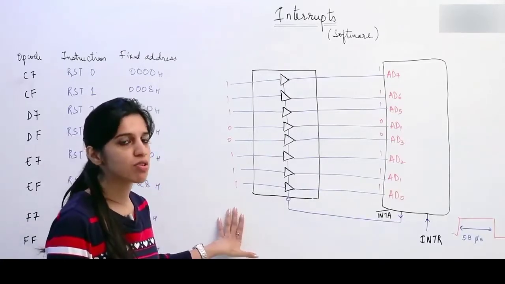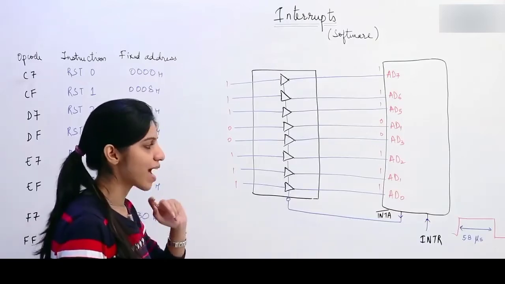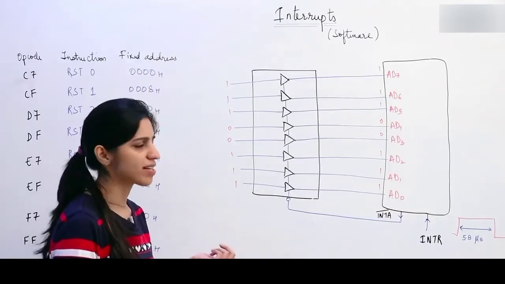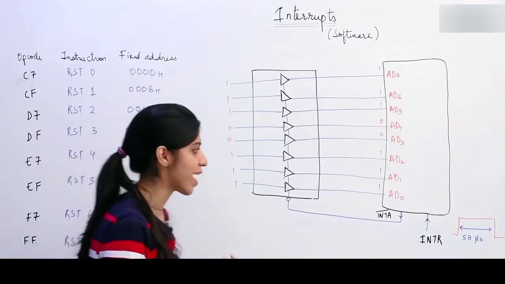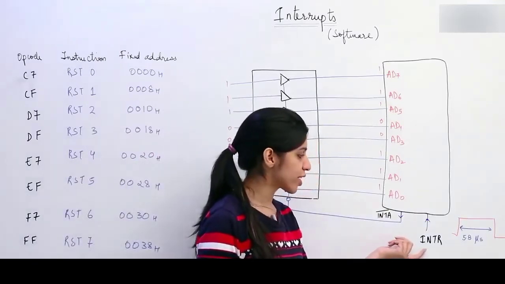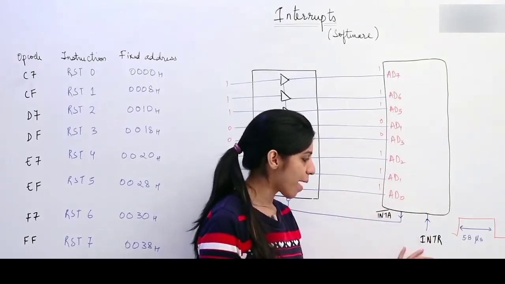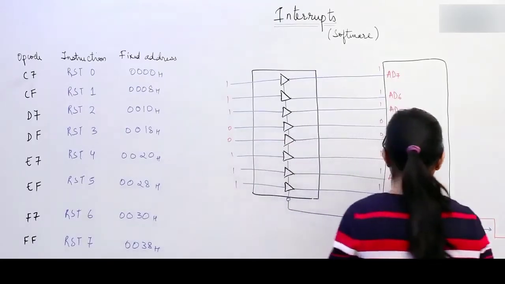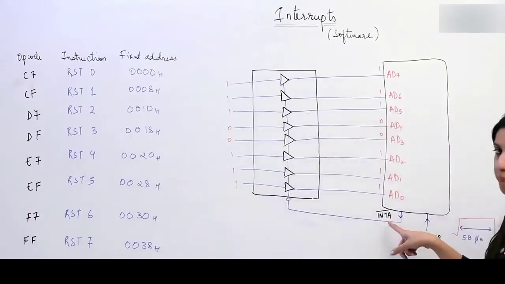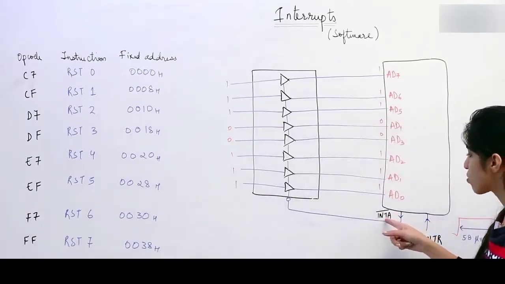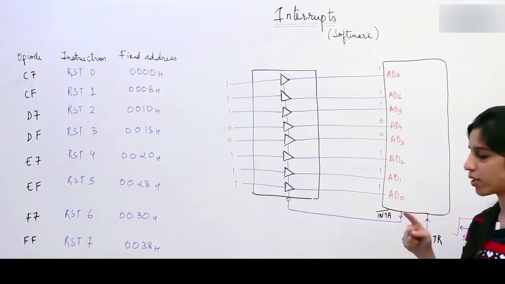Also we learned that there is one non-vectored interrupt which was INTR. INTR is a non-vectored interrupt, which means that there is no fixed location where its ISR is being stored. Generally this pin INTA bar, which is interrupt acknowledgement, is going to be high, 1 all the time.